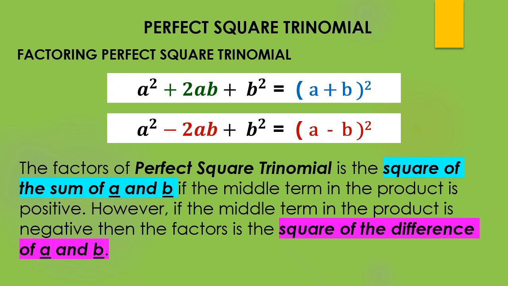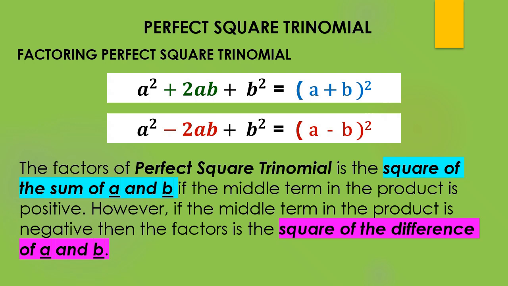So remember, I am referring to the middle term of the product, which is the perfect square trinomial. If the middle term in the perfect square trinomial is positive, which is 2ab, then the factor is the square of the sum of a and b.